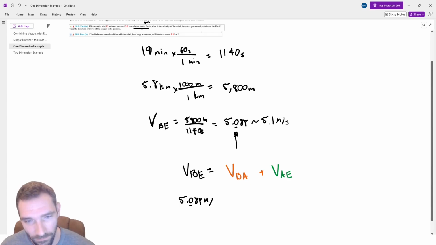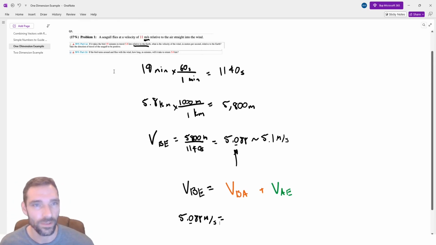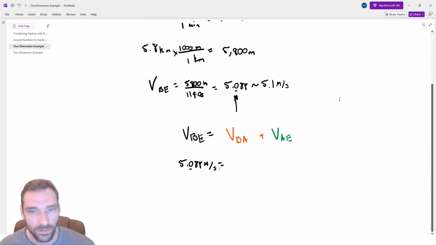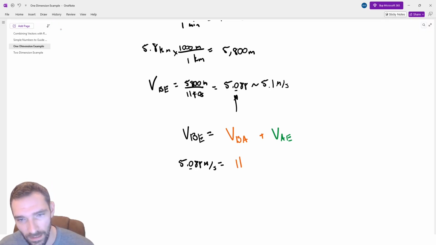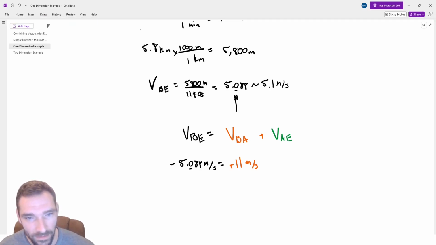So we've got about 5 being our final speed going over relative to the Earth. And we know that they're flying at a velocity of 11 relative to the air. So they're going at about 11 meters per second in the positive direction, same direction as the final direction here.